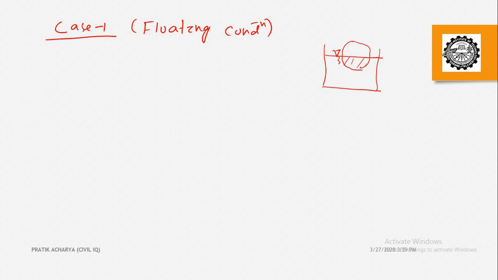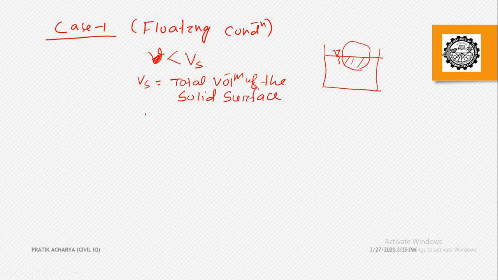If you talk about this, this is the volume of the submergence, the volume of the submerged solid surface. So in this case, the volume of the submerged part is definitely less than the entire total volume of the solid, which is Vs. Vs is the total volume of the solid surface.